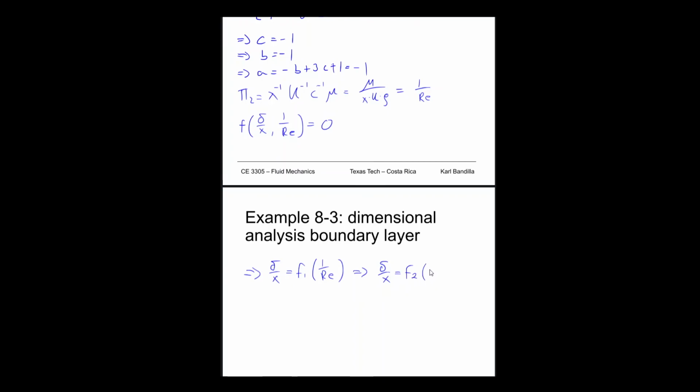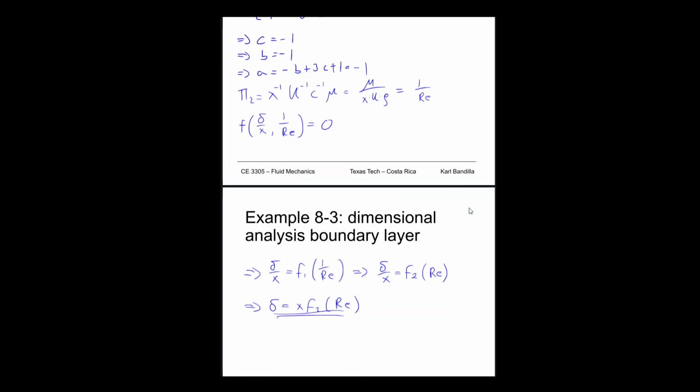Right, because we don't know what this function is, so right now we're just calling it an arbitrary function. And then if I solve that just for delta, then I have x times f2 times Re. If I wanted to find out what my function is of this Reynolds number, then I would have to make experiments.